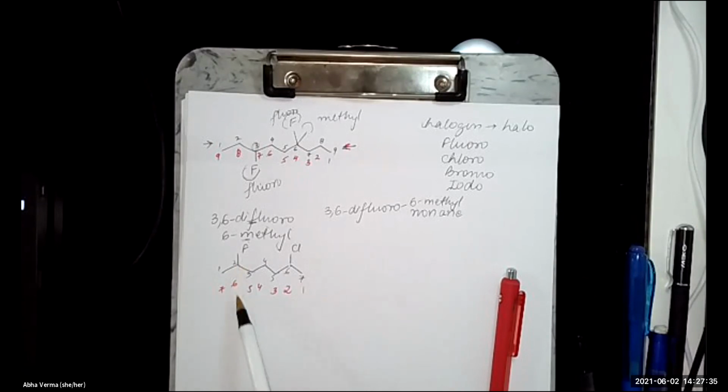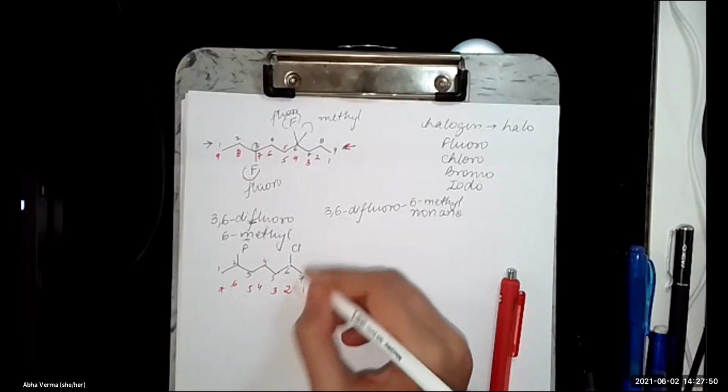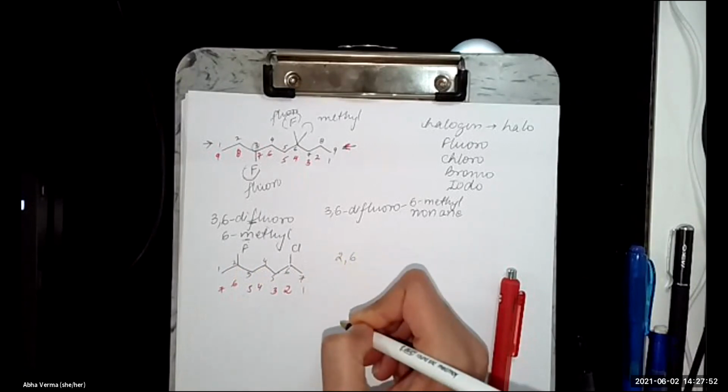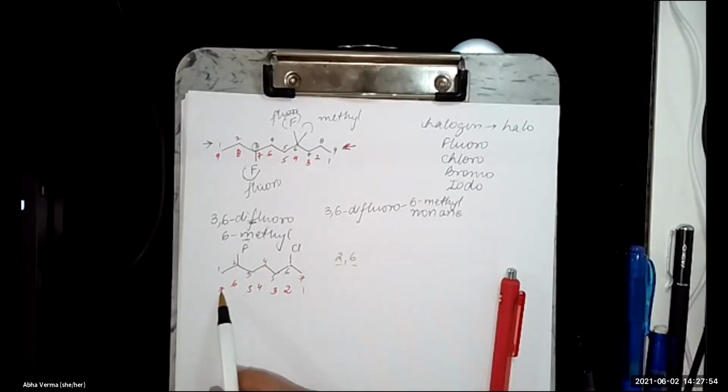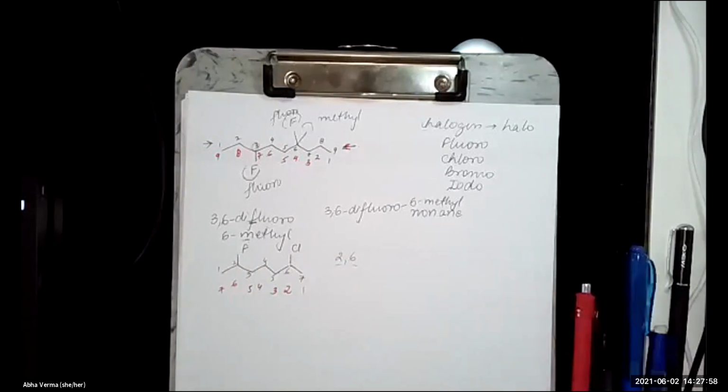Counting from either side, our first substituent is on the second location. Counting from this, my first substituent is on the second location. Where is my second locant going to be? It is going to be on the sixth. So in both these cases, I'm going to have 2,6 locants, either from the black or from the red. So this is a tie.